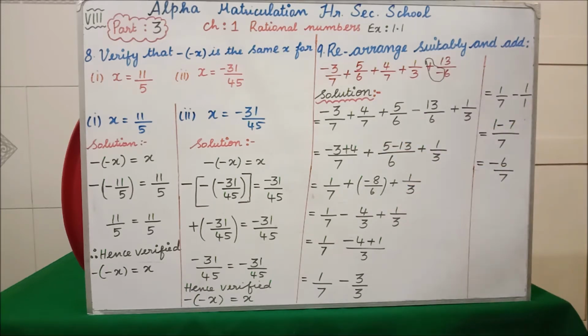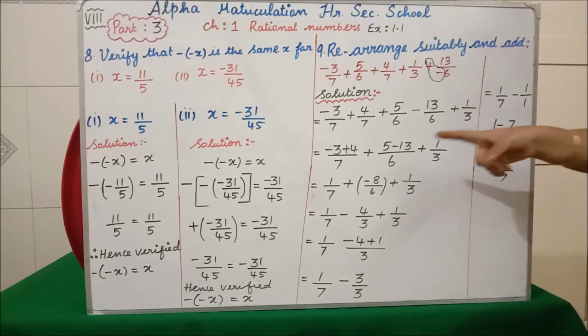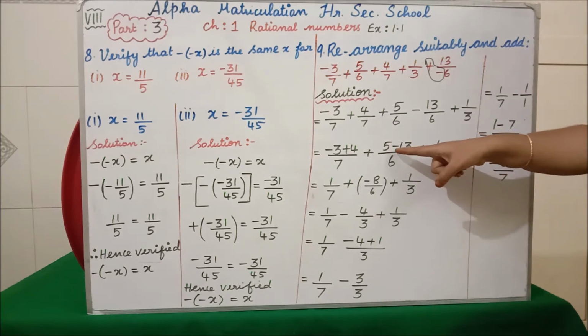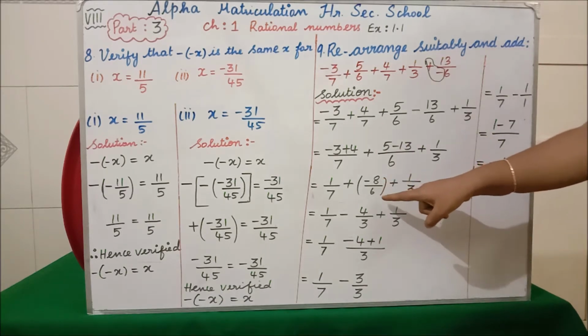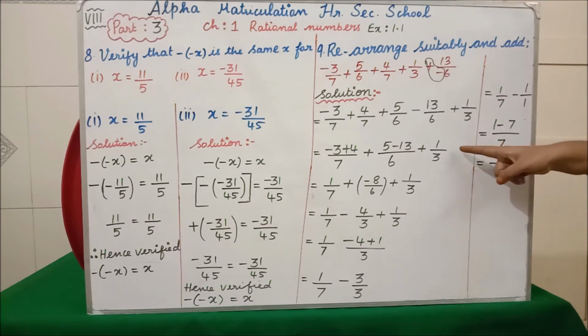Plus minus means we have to subtract and see the sign of the greater number. 13 minus 5, what will we get? 12, 11, 10, 9, 8. We will get 8, but 13 is the greater number, so we have minus. So we write minus 8 by 6. Then plus 1 by 3, write as such.